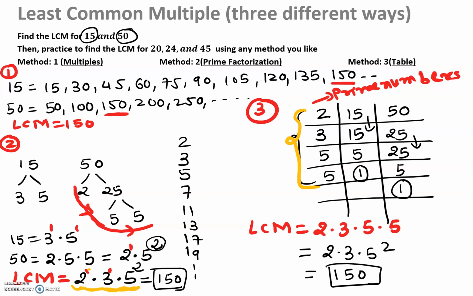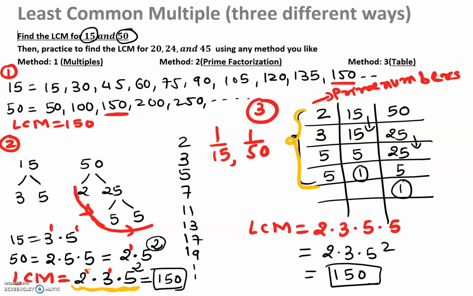One more important thing I wanted to add here is, how do you find the LCD? Let's say somebody asks you to find the LCD. They give you this question, but they're going to rewrite it as 1 over 50, comma 1 over 50. When they give you this question, they will not say find the LCM. They're going to say find the LCD.